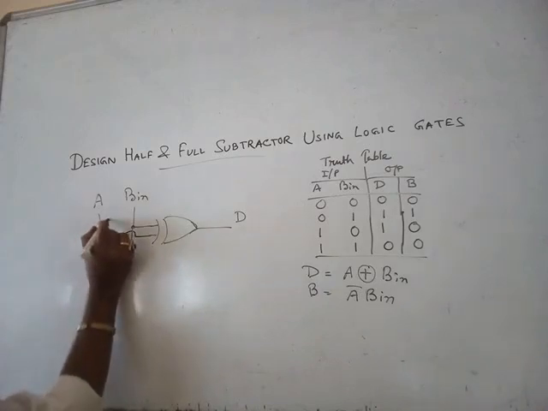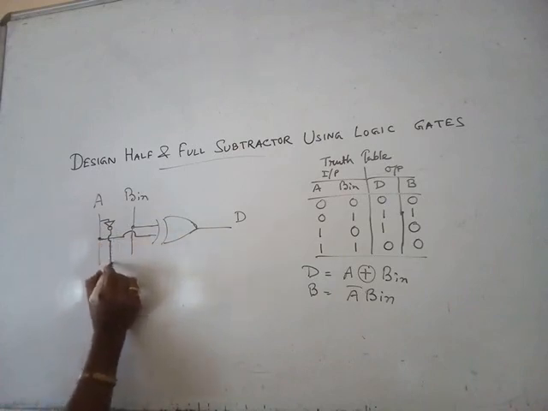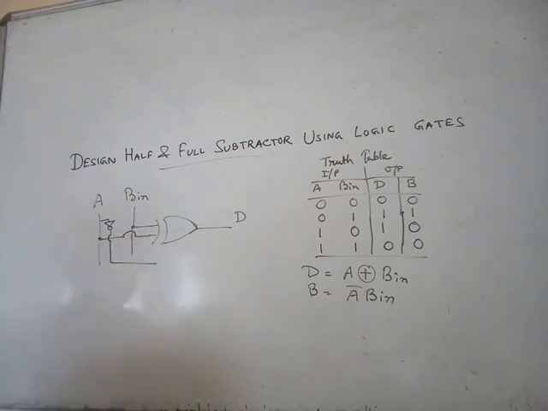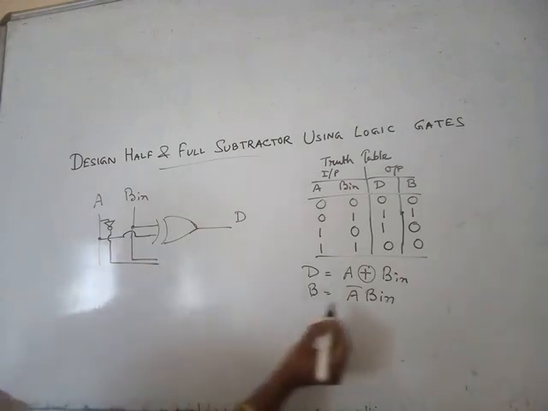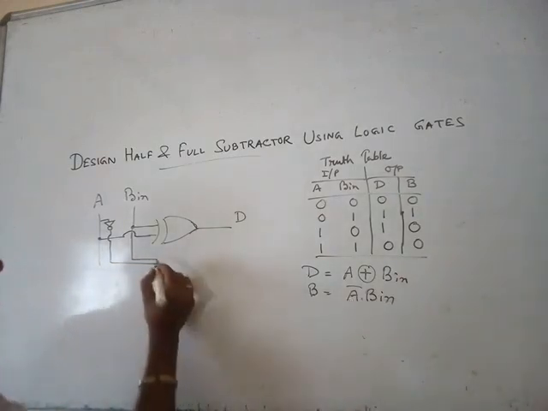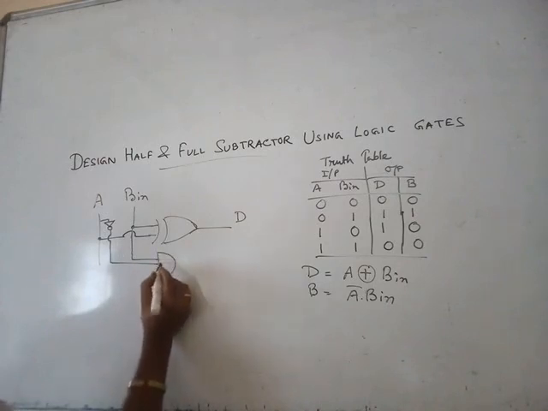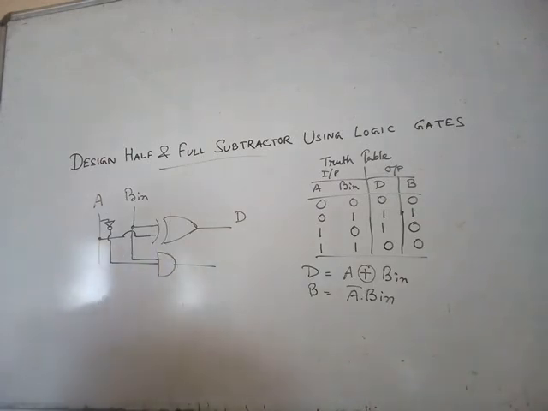So you have to take a NOT gate. That is A bar and B in. This is B in. Go to, there is a dot, that is an AND gate. So this is B, borrow.